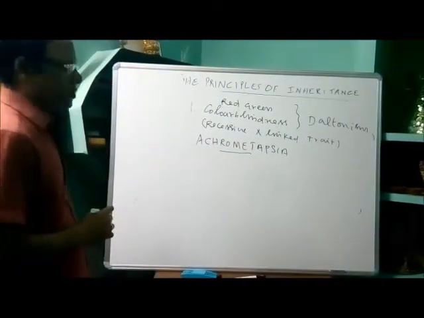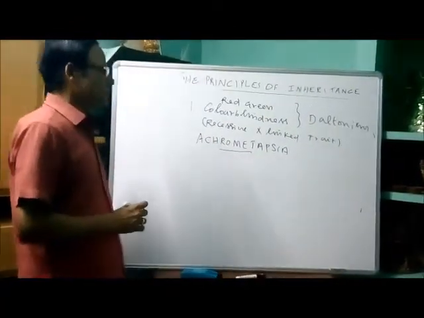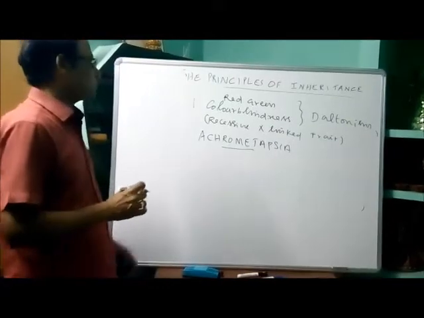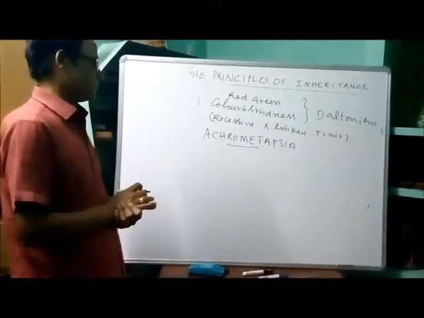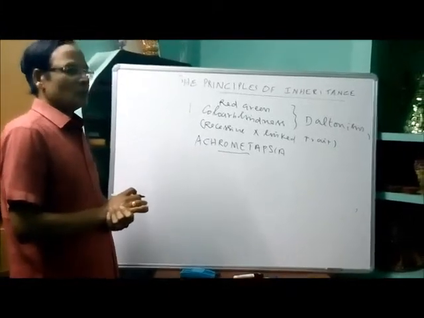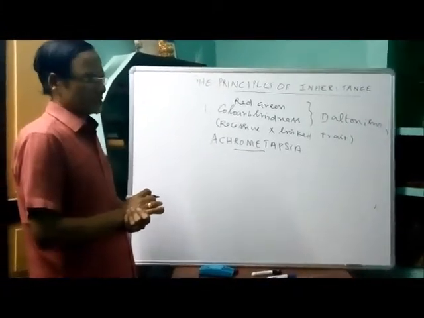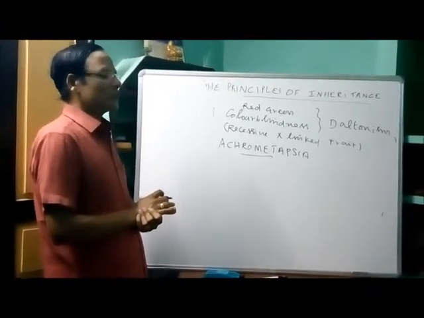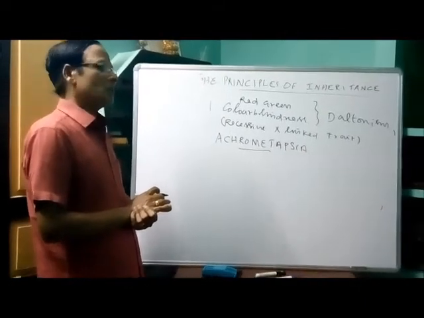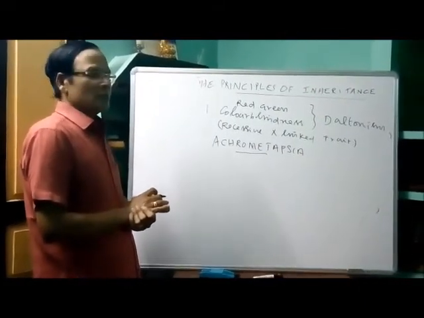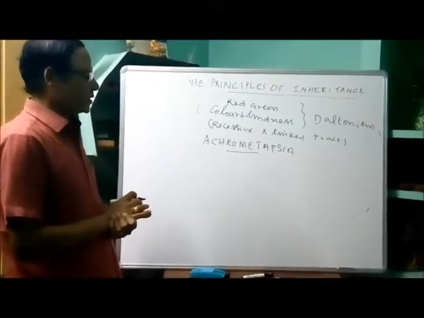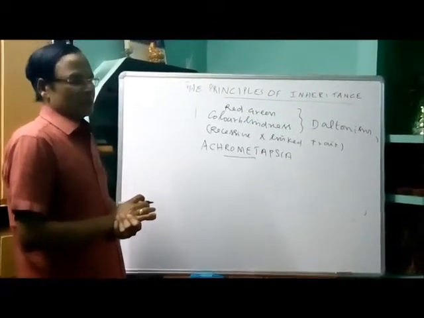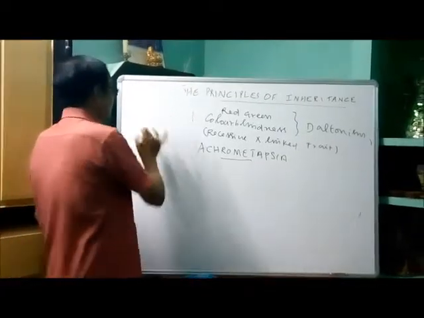So the normal gene is for the formation of pigments in the cones. We know the cones in the retina of the eye are responsible for color vision. In the cones, we have different types of pigments for the perception of either red or green or blue. When the dominant gene responsible for the formation of red pigment is mutated, it becomes recessive.